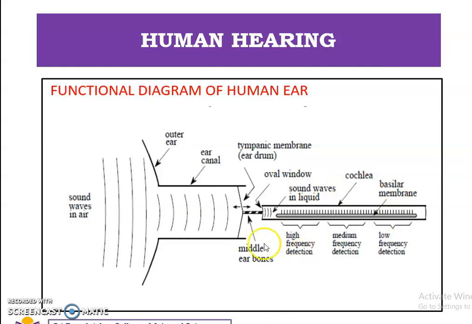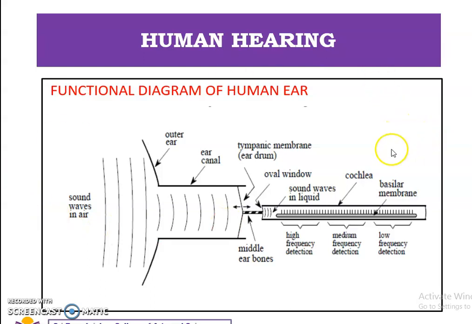According to each vibration, the nerve cells respond and produce an action potential. For example, for a 2000 Hertz sound wave, 2000 action potentials will be generated. Suppose the frequency is more than 3000 Hertz, then 10 nerve cells work at a time and produce 300 action potentials per second. So based on the frequency it will work.